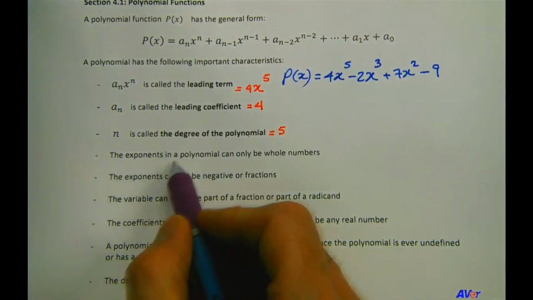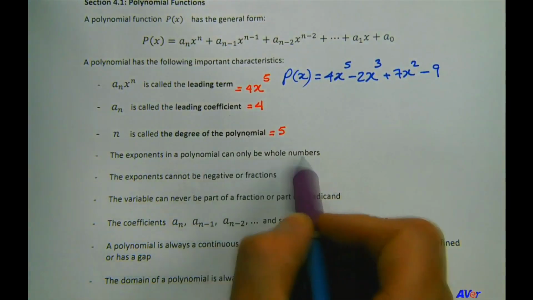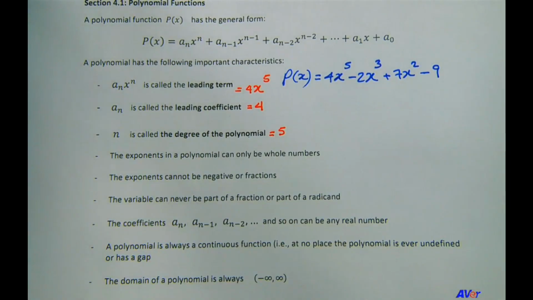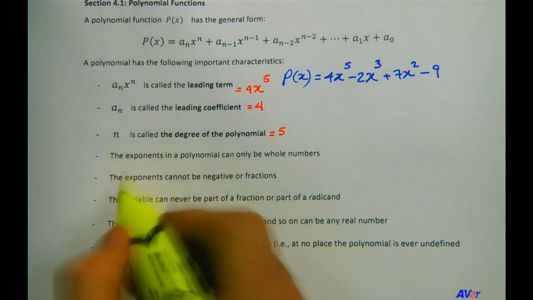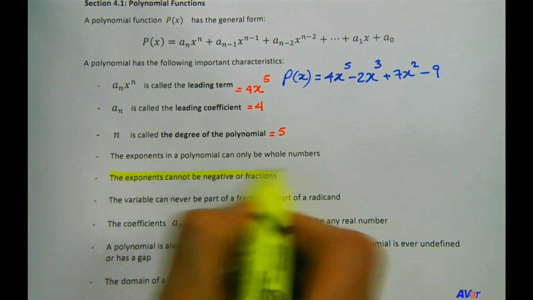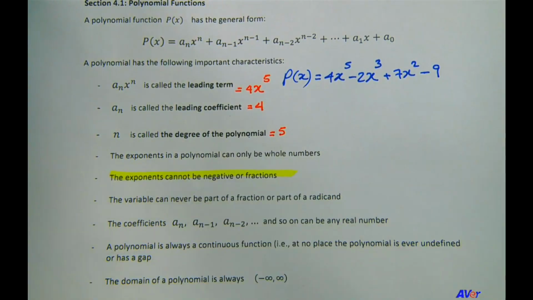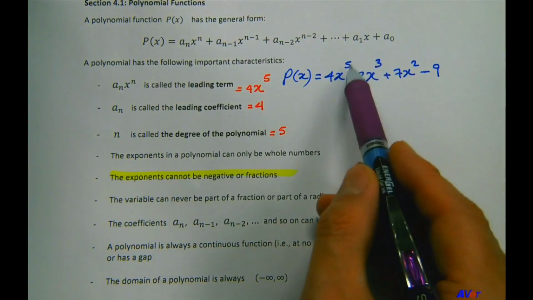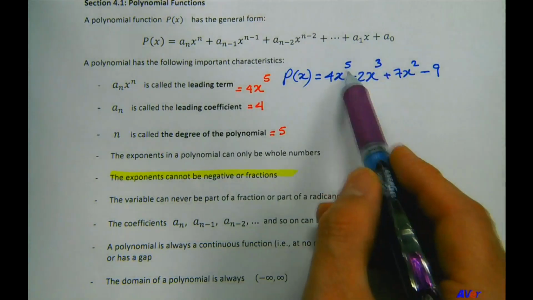The exponents in a polynomial can be whole numbers only. As a matter of fact, as I mentioned right underneath it, the exponents cannot be negative or fractions. If they are, then we do not have a polynomial. So these powers must always be positive whole numbers, just like what you see.